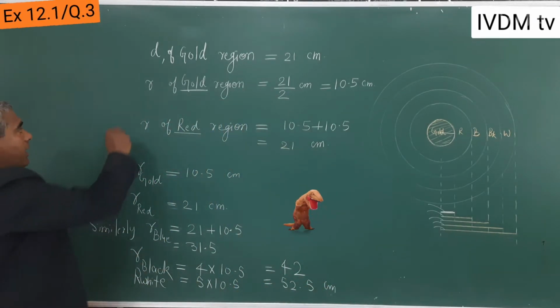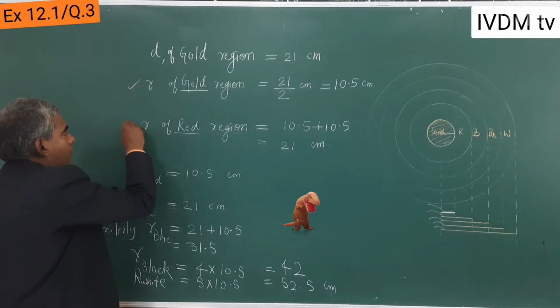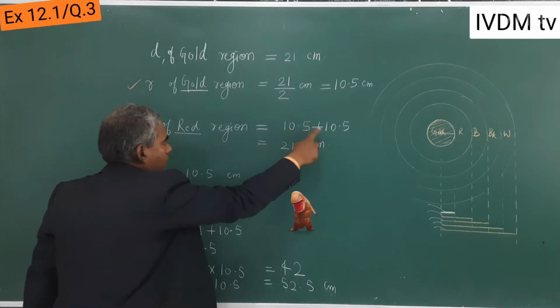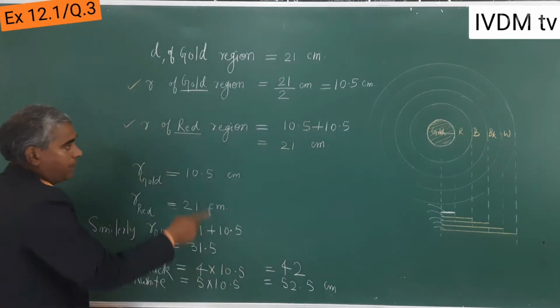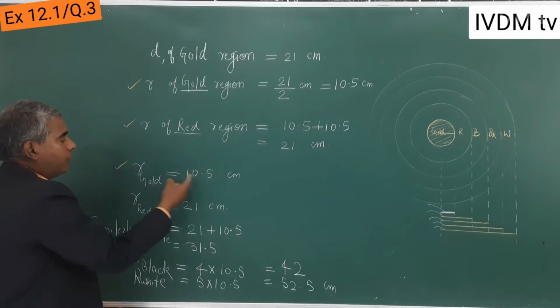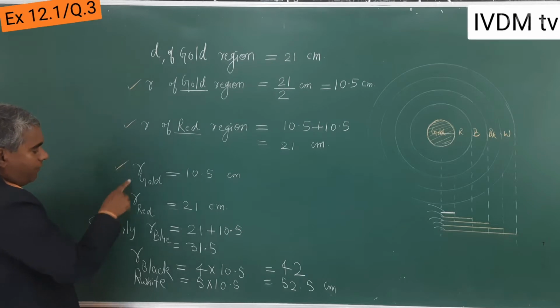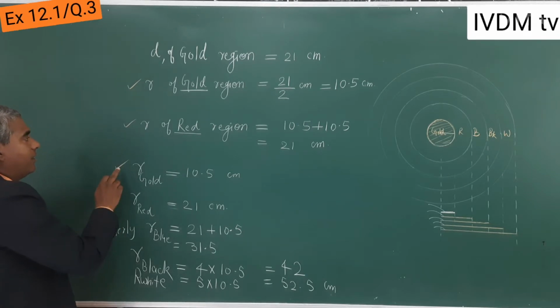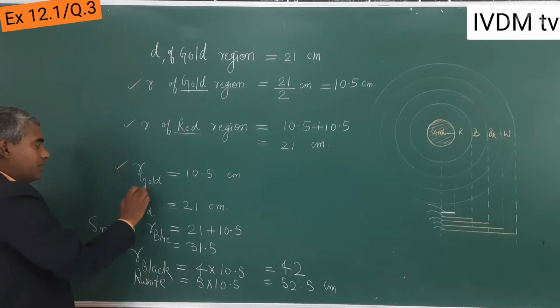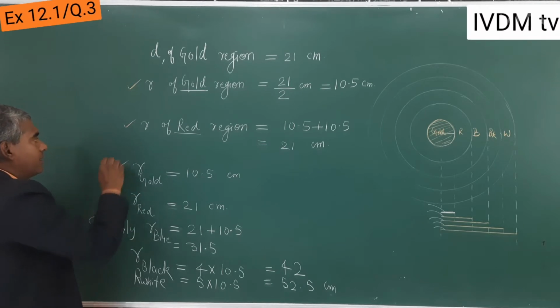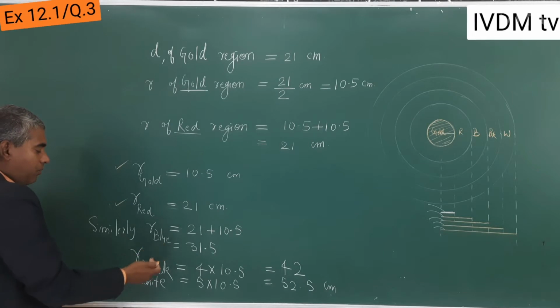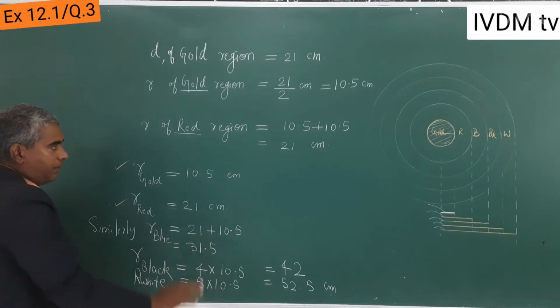R of gold 1 times, R of red 2 times, R of blue 3 times, then R black, R white. Everything I have written in short form.